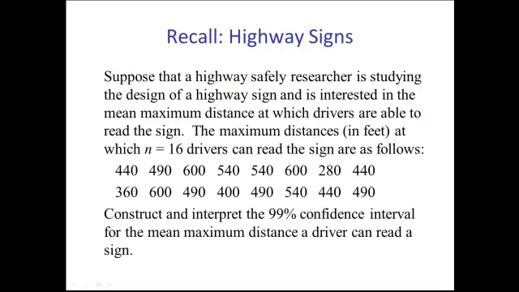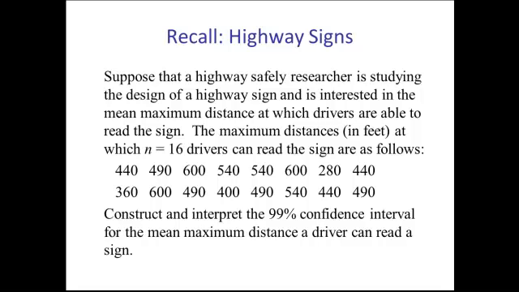Let's look at another example. If you recall the highway signs example from the last video, suppose a highway safety researcher is studying the design of a highway sign and is interested in the mean maximum distance at which drivers are able to read the sign.